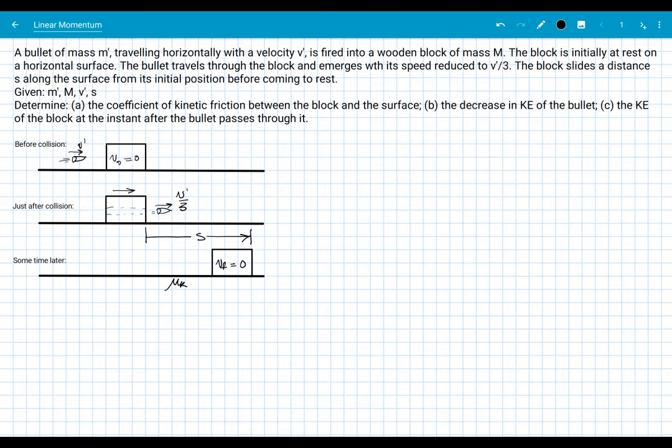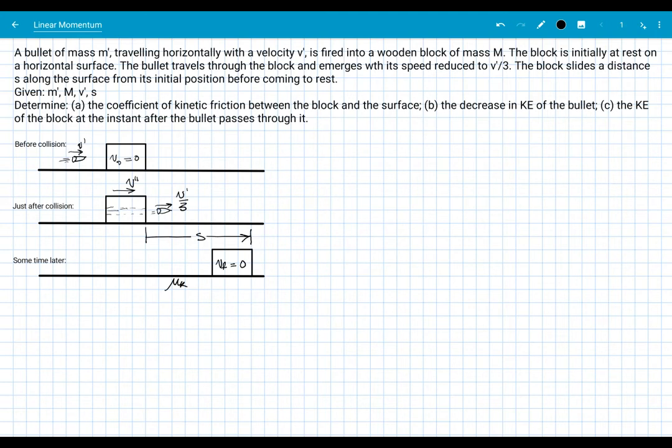It's fired into the wooden block. It actually goes clear through the block. I'm trying to show that in this middle picture here. It goes through the block and emerges at a speed v prime over 3. It sets the block into motion, and they don't tell us at what speed. We don't know, but I want to call that something, so I'm going to call that v double prime, because we're going to need to use that.